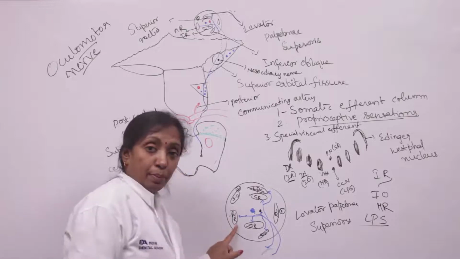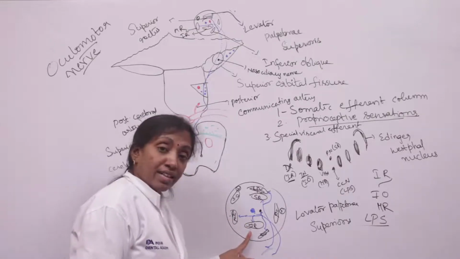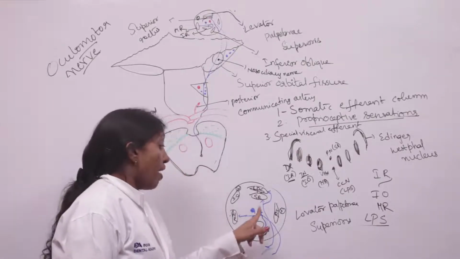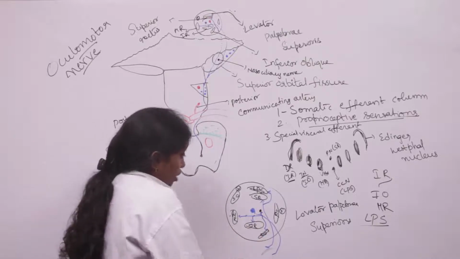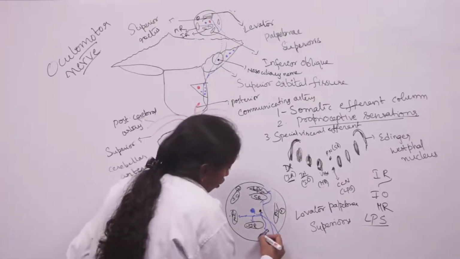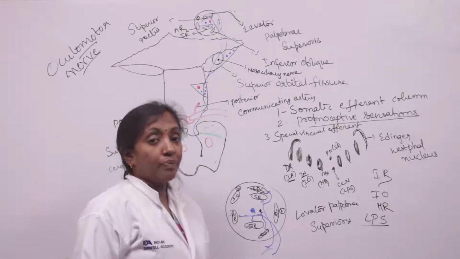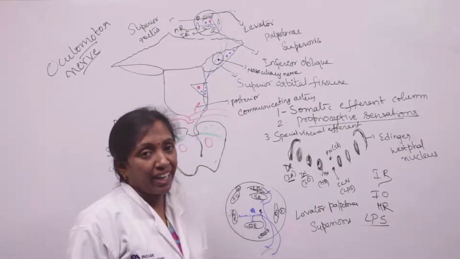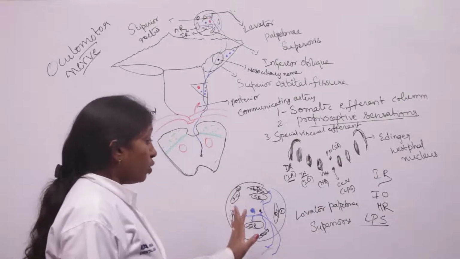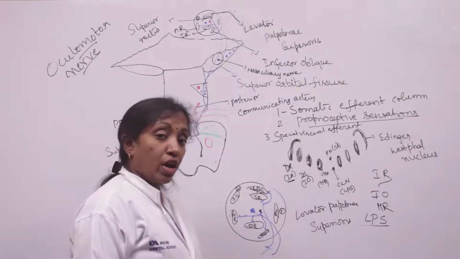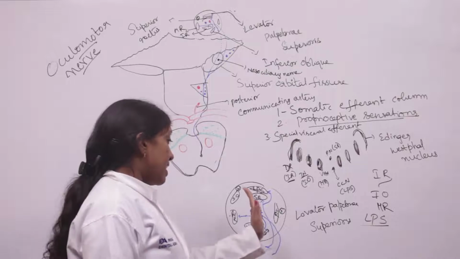One branch supplies the medial rectus muscle, the second branch supplies the inferior rectus muscle, and the third, large branch supplies the inferior oblique muscle and also the communicating branch to the ciliary ganglion. So that's about the two divisions of the oculomotor nerve and how they supply.